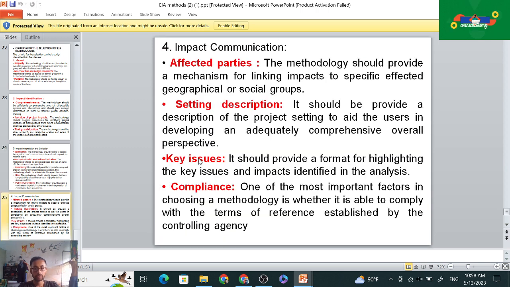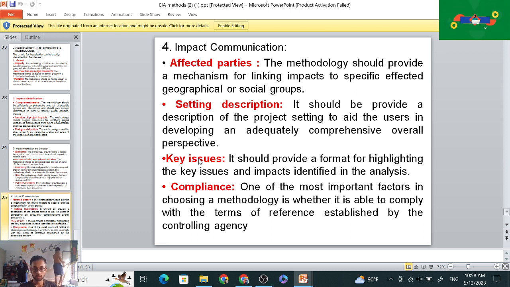Then impact communication, which includes affected parties. The methodology should provide a mechanism for linking the impacts to specified affected geographical and social groups. Then setting description: it should provide a description of the project setting to aid the users in developing an adequately comprehensive overall perspective.